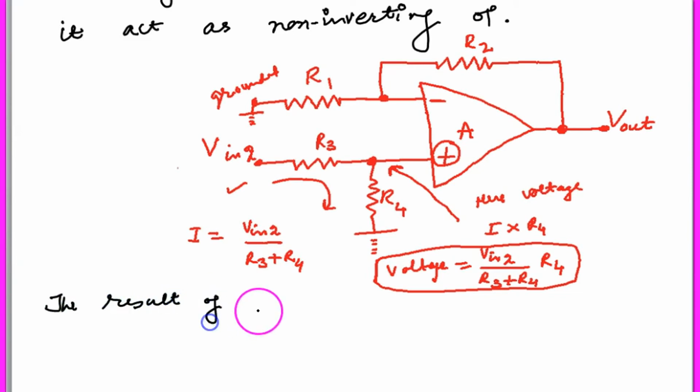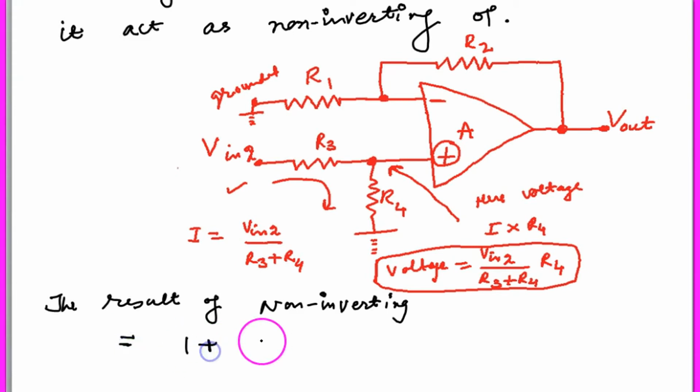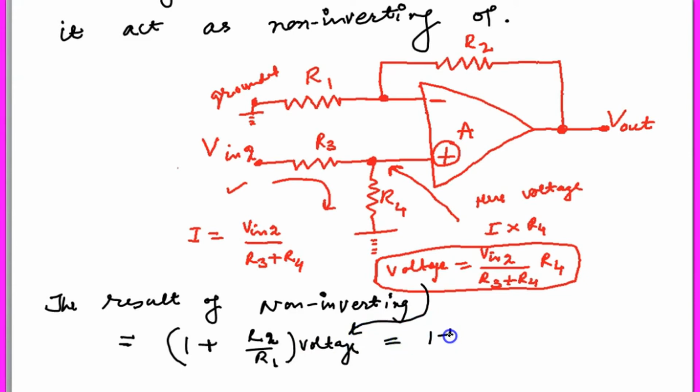The result of the non-inverting op amp is the output voltage equal to 1 plus R2 over R1, into the voltage at the plus terminal, that is 1 plus R2 over R1 times R4 upon R3 plus R4 into V in2. This is the output of the non-inverting op amp.